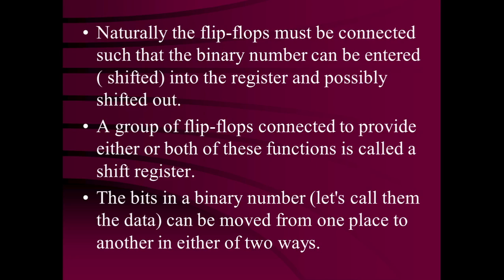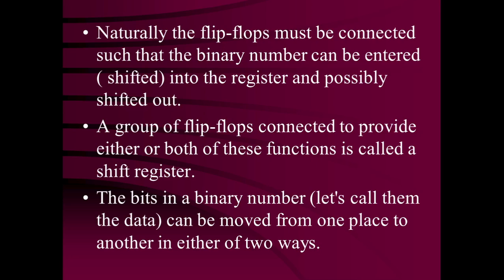A group of flip-flops connected to provide either or both of these functions, data entering the shift register and data coming out of the shift register, is called a shift register.